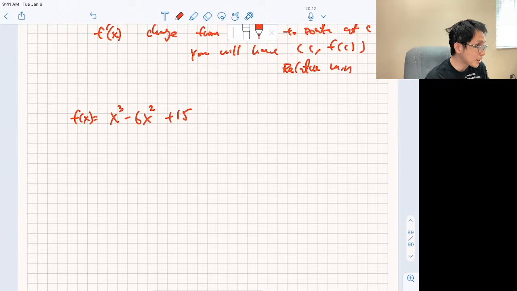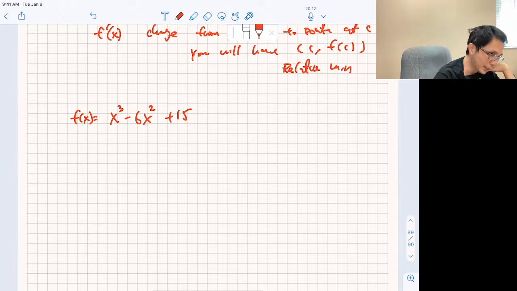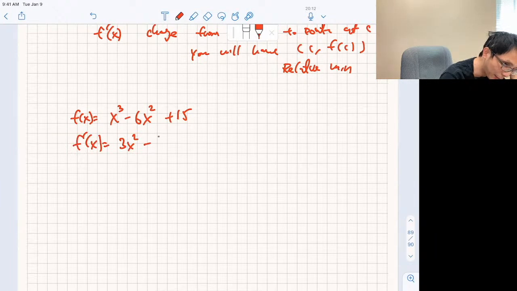Okay. So in this case, what if I just want to find out where the maximum and minimum is, and we don't give you an interval now? If you don't have an interval, you don't have to worry about endpoints. You just have to worry about critical numbers. Does that make sense? So can I take a derivative of this? Yeah. And that's equal to 3x squared minus 6x. Can't multiply.